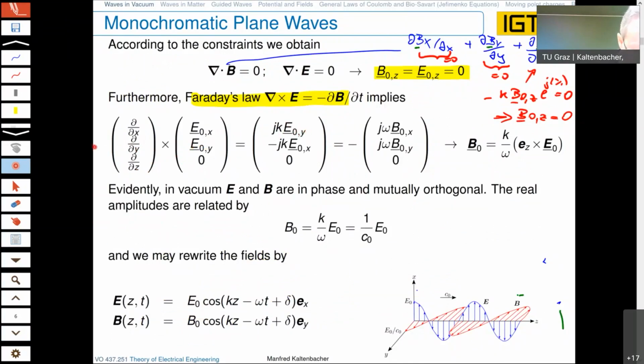And then if we go to the y component of the curl of E, we cancel out this one. So we again have this minus this, but don't forget, it is the second line. We have to multiply with minus 1. That is why we get here a minus jk. On the left-hand side, it's a little bit easier, let's say, because we just have to do the time derivative.